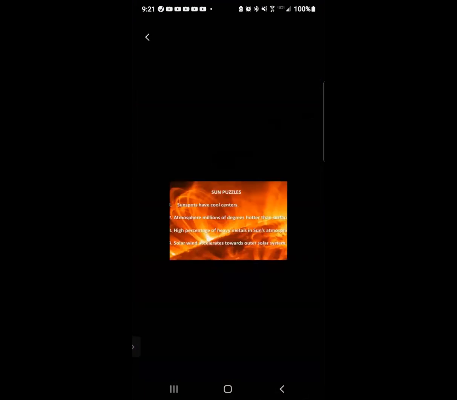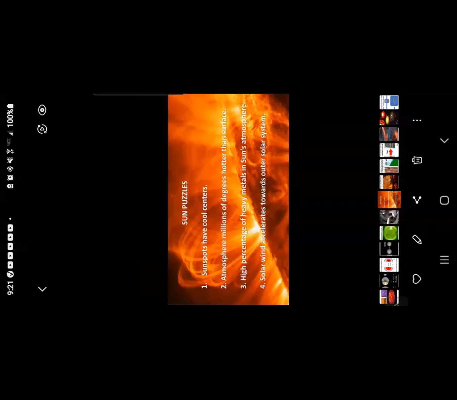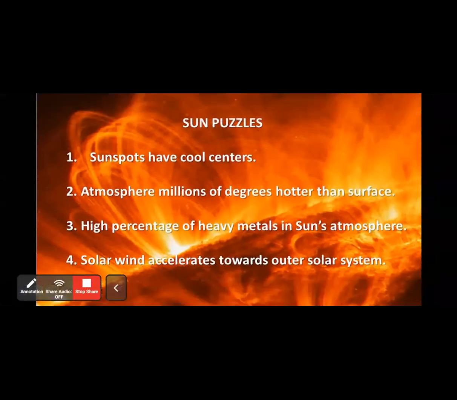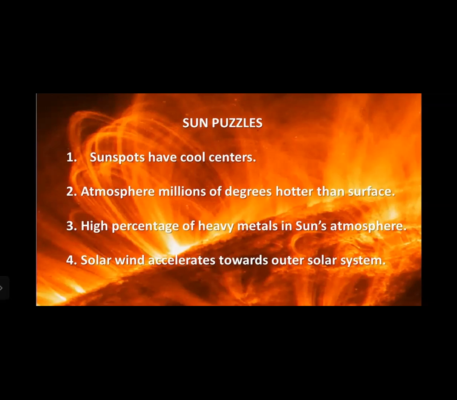Now, there are 4 problems that the nebular hypothesis has for the formation of stars and galaxies in space. Number 1, sunspots have cool centers. I have images of radio spectral analysis or spectral analysis of sunspots and temperature differentials from sunspots to the surface of the sun.